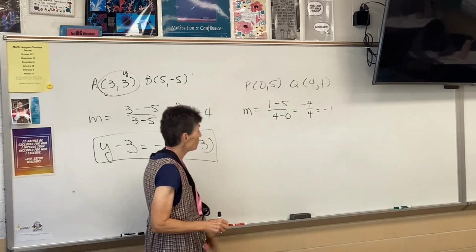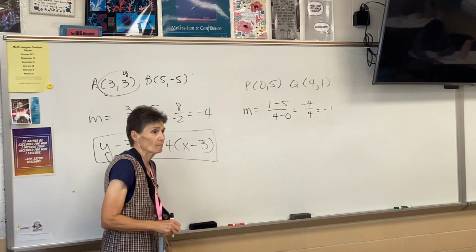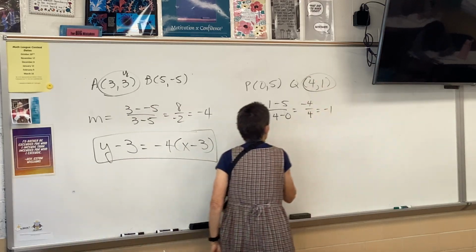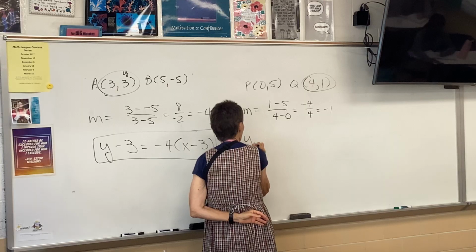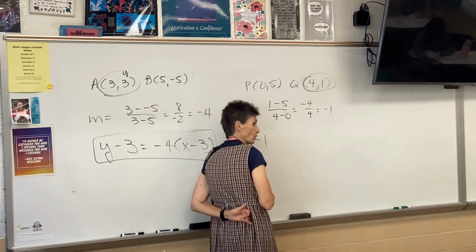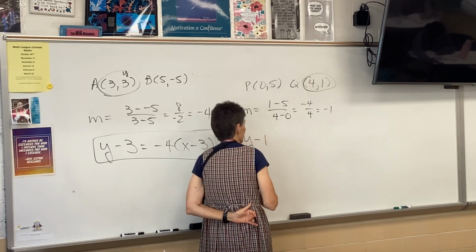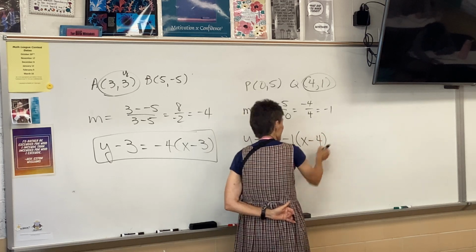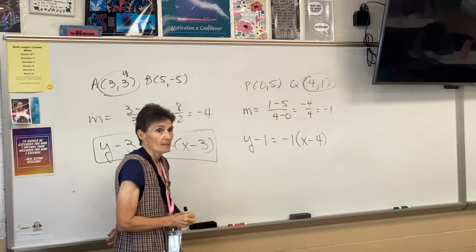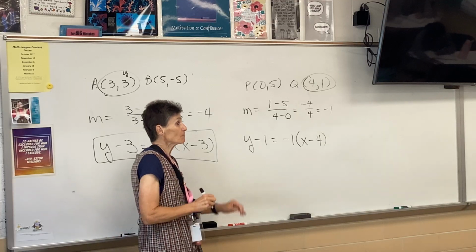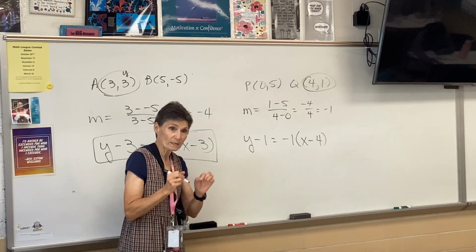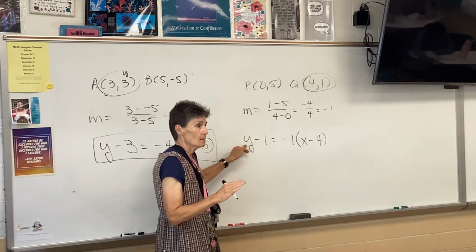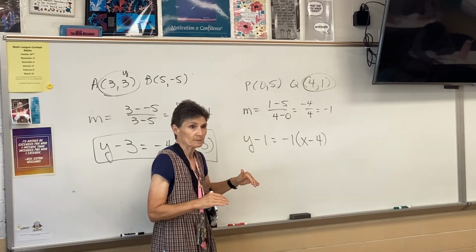And then we picked a point. Which one would you like to use? The second one. All right. Then we do y minus the y coordinate equals slope times x minus the x coordinate. Now, if the directions were point slope, we'd be done. This is it, right there, done. But it's slope intercept.